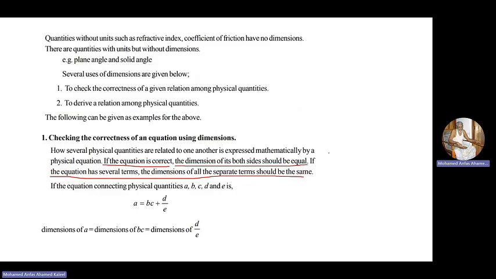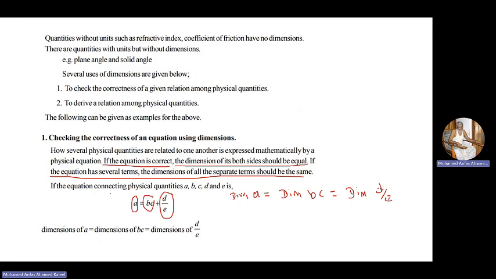What that means is, let's say that A is equal to BC plus D over E. It means the dimension of A should be equal to the dimension of BC, which is equal to the dimension of D over E. This is what they are mentioning here.